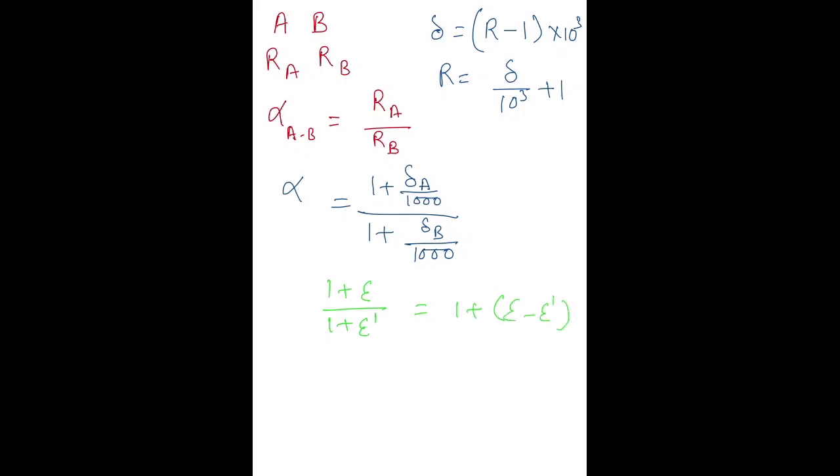If we follow this here, it will become 1 plus delta A minus delta B divided by 1000.